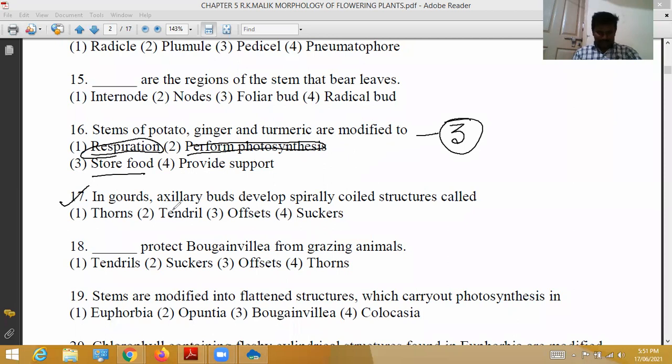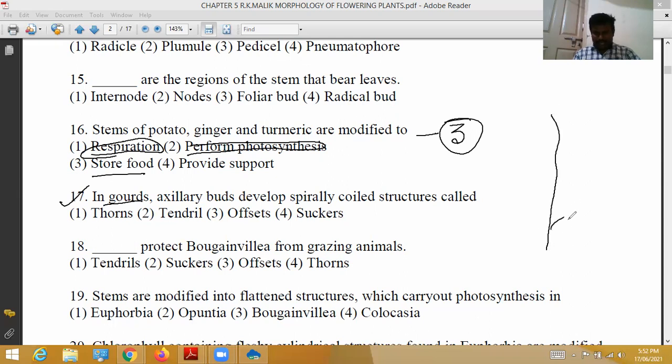Next, in gourds, axillary buds develop into spirally coiled structures. Gourd means the cucumber family: bitter gourd, angular gourd, bottle gourd, snake gourd. In these plants, axillary buds develop spirally, like this.